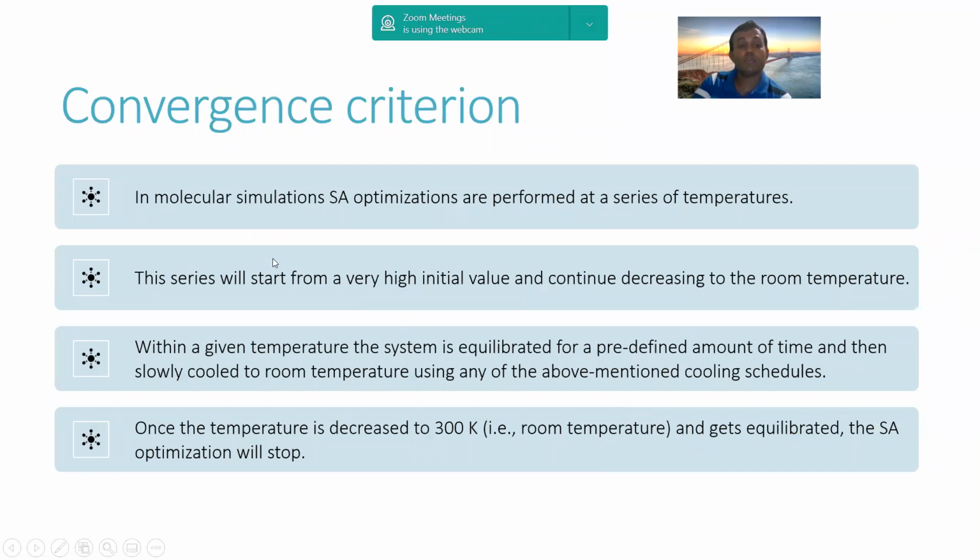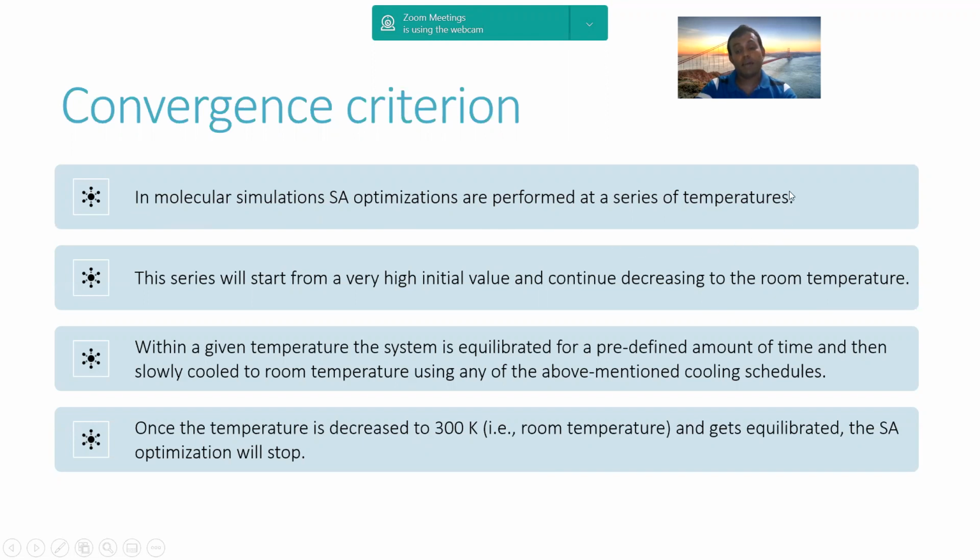Convergence criterion. So we usually start the simulated annealing at a higher temperature, and then we finally come to room temperature in a molecular system, and in between we generate a number of temperatures, and at each temperature we equilibrate our structure.